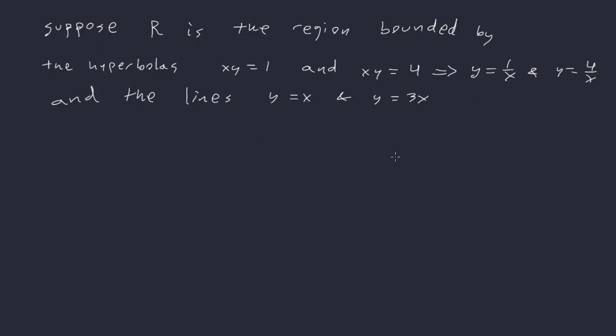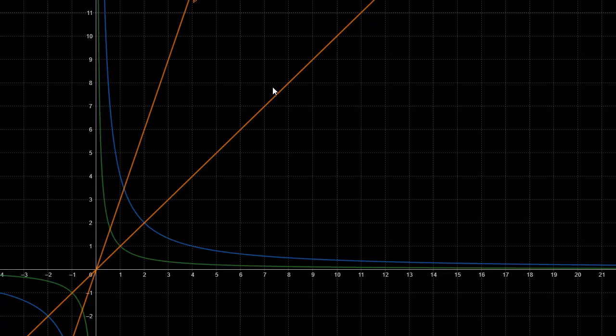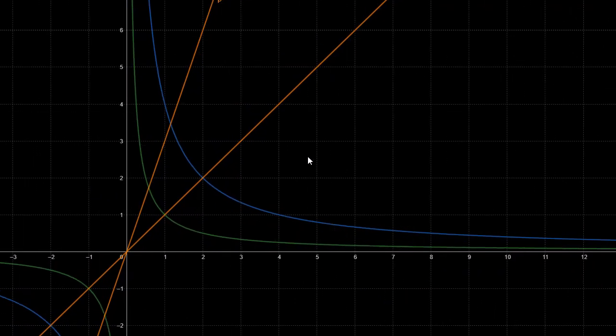So let's take a look at a graph to see what this region would look like. For simplicity, let's just suppose everything is non-negative, so we're basically just in quadrant 1. Here's the graph of all these curves in quadrant 1.